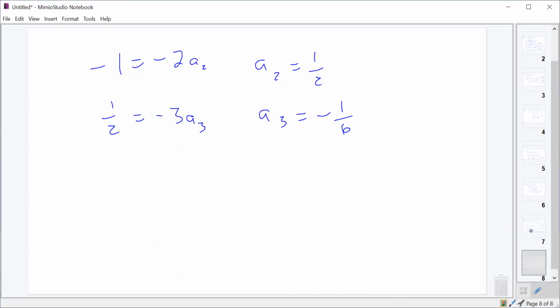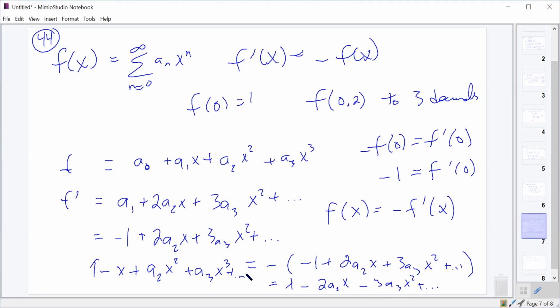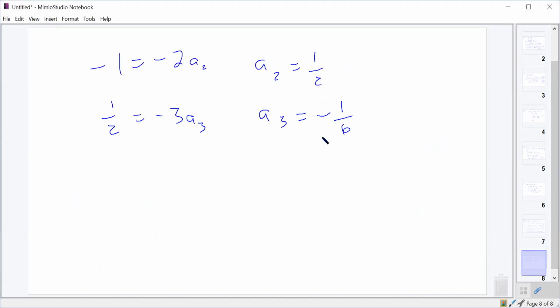And if we were to continue in that pattern, here we have a sub 3 x cubed, and here we would have a minus 4 a sub 4 x cubed. And so we could just keep going through each of these, and we'd note that this one would get multiplied by 4 to give us a sub 4.